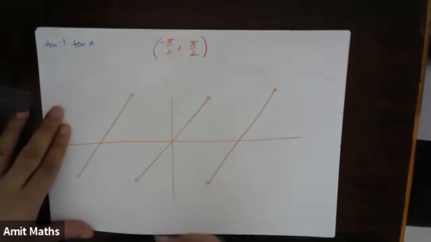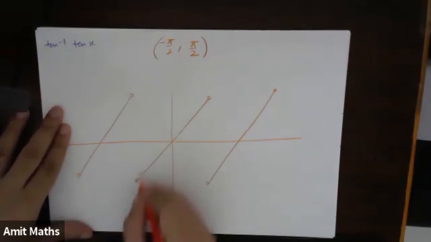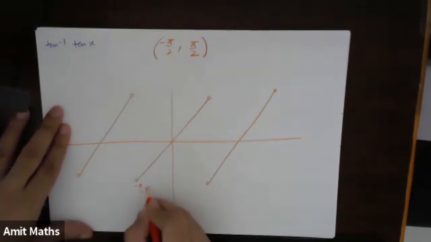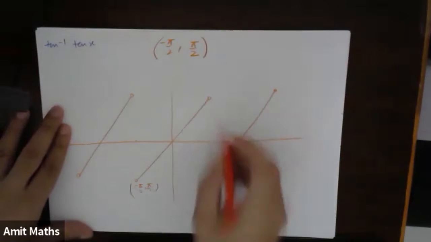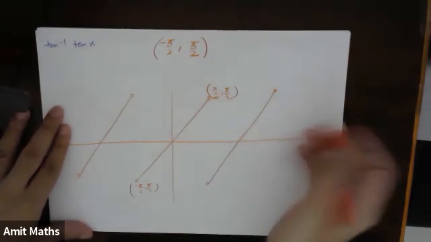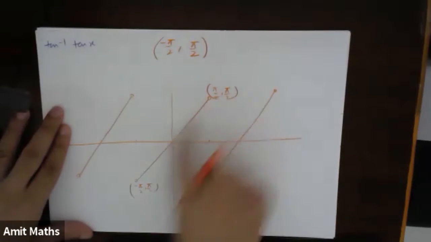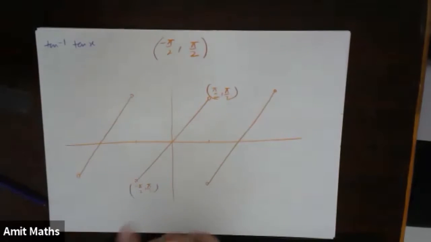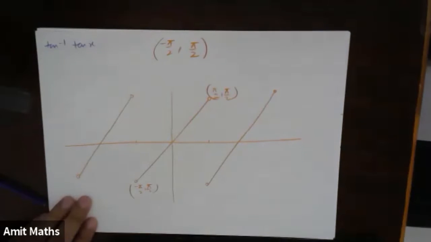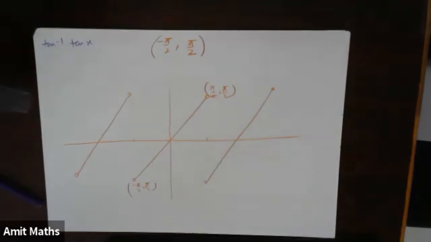This point will be minus pi by 2 comma minus pi by 2, and this point is pi by 2 comma pi by 2, and so on. But this is discontinuous. Yeah, correct. It has to be similar to the tan graph, but with exactly straight lines.